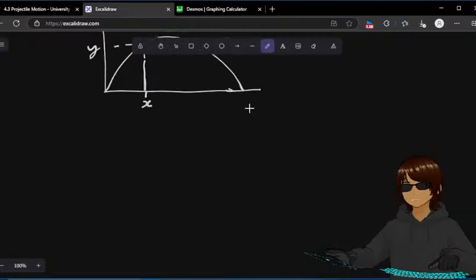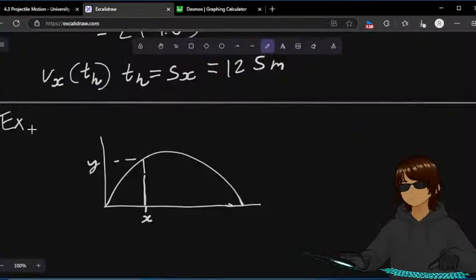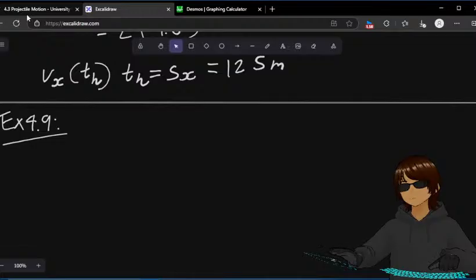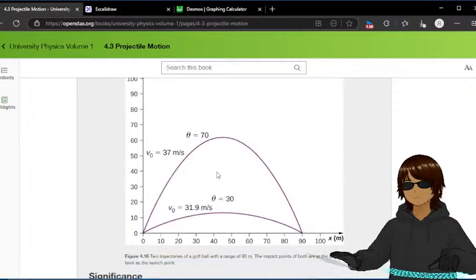Okay, so this is example 4.9. On the second hole, the golfer is 120 meters from the green and wants to hit the ball 90 meters and let it run onto the green.